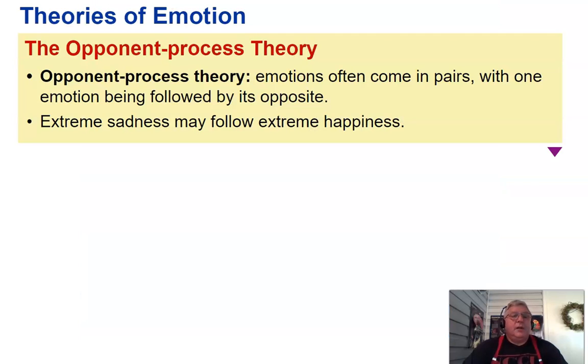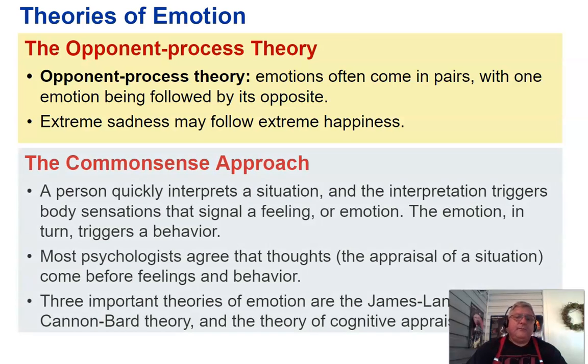So anyhow, opponent process theories of emotion. The opponent process theory is that emotions often come in pairs, with one emotion being followed by its opposite. Extreme sadness may follow extreme happiness. The common sense approach is that a person quickly interprets a situation, and the interpretation triggers the body's sensations that signal a feeling or an emotion.